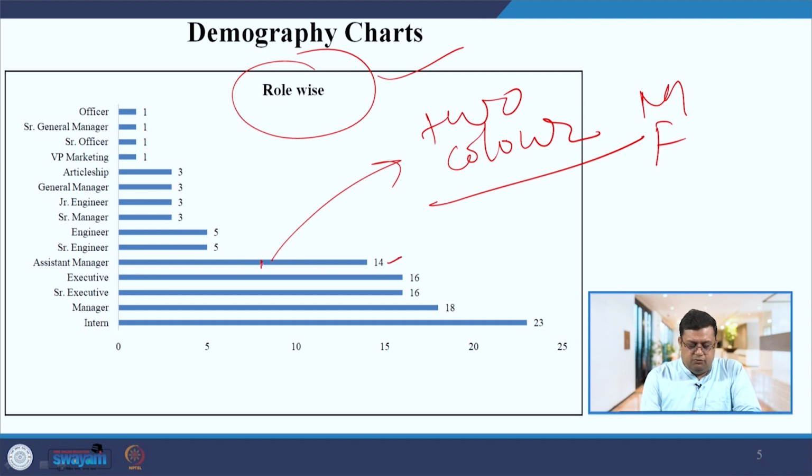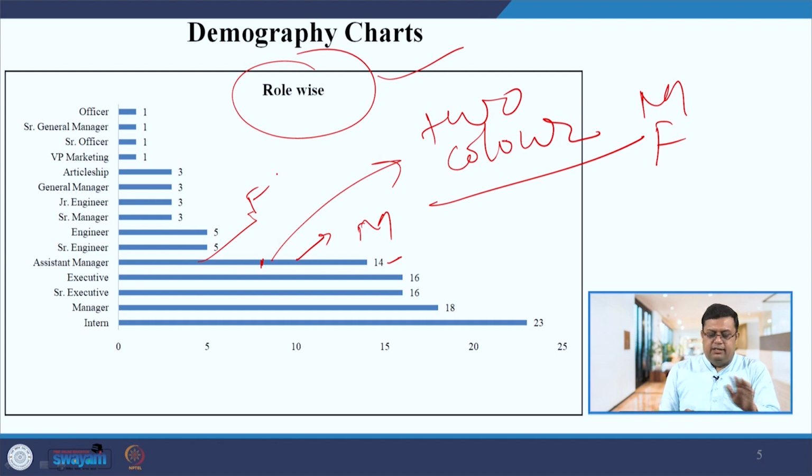Let us assume blue presents the male number and red presents the female. So department-wise, role-wise, you will have a clearer visualization, right.